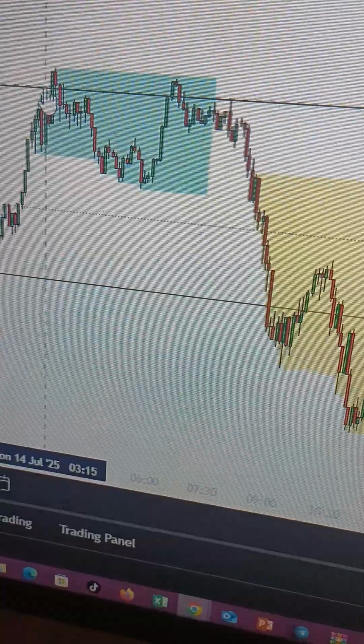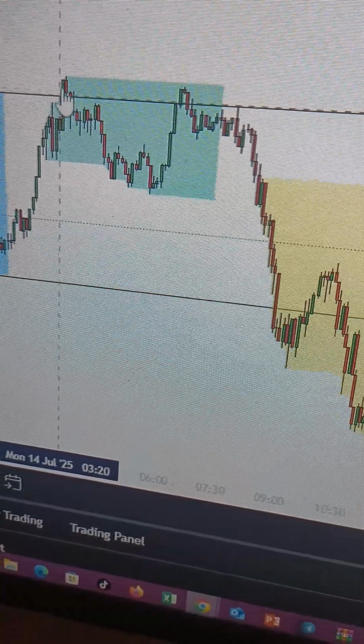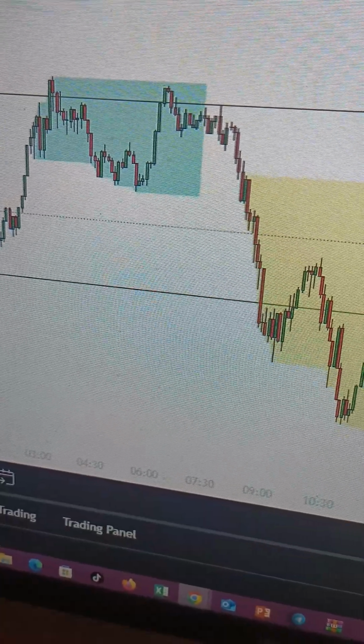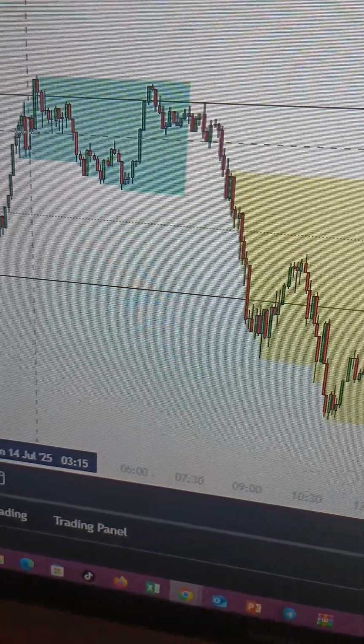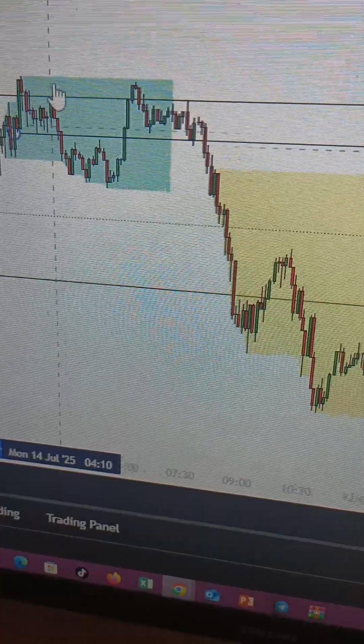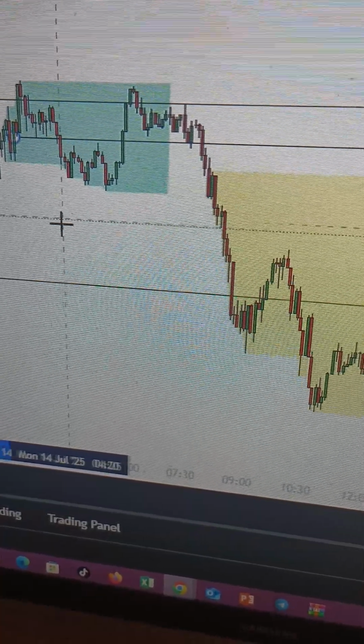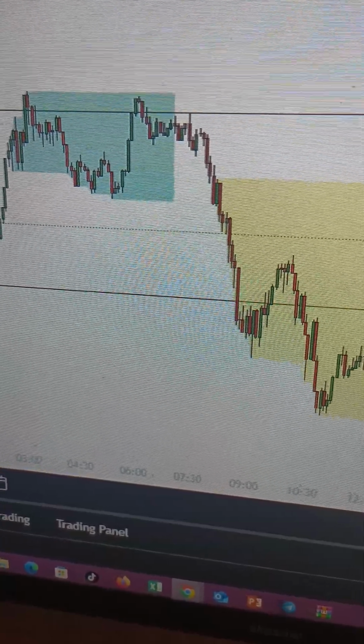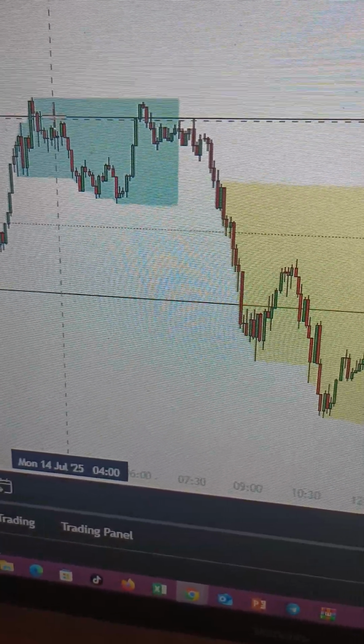So the market came here. This was the last move. We have a pause and then a pump. This would have been our low before this pump, and our low was broken here, right? We have a break of structure here, meaning this would be our order block, this area.